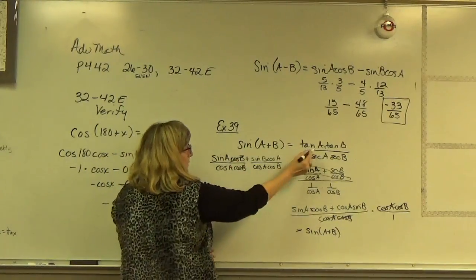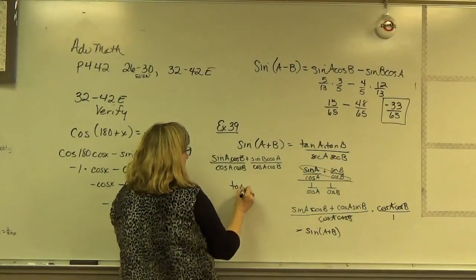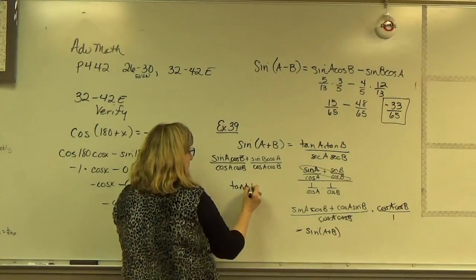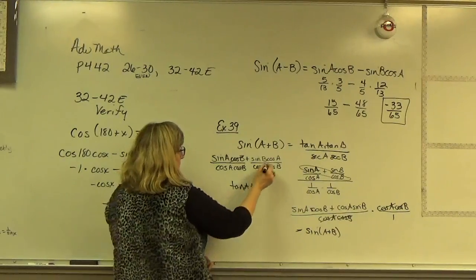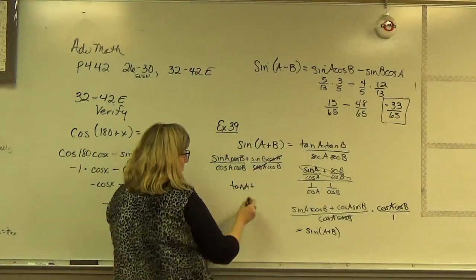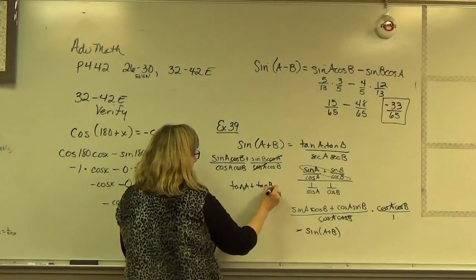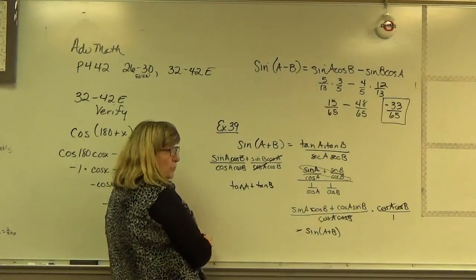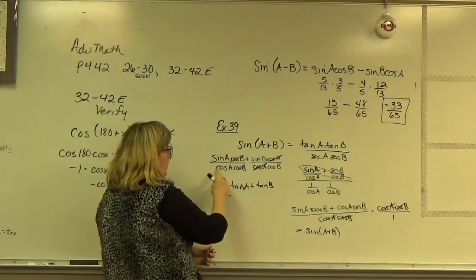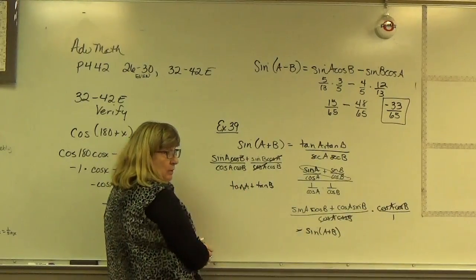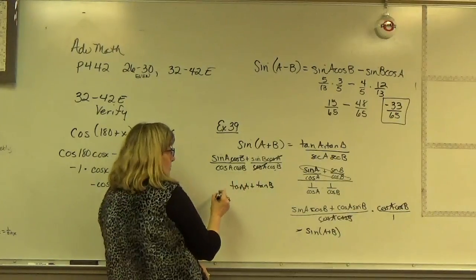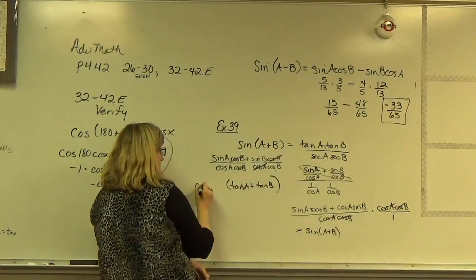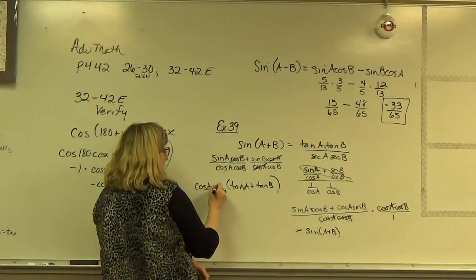So that gives me tangent of A. The cosine A on the second one cancels out. Over, but we wanted over that, which, what did we do here? We divided, so what do you have to do to make it balance since you're messing with the other? You divided, so you have to multiply by cosine of A, cosine of B, right?